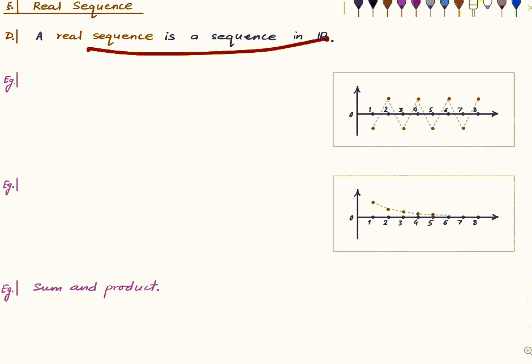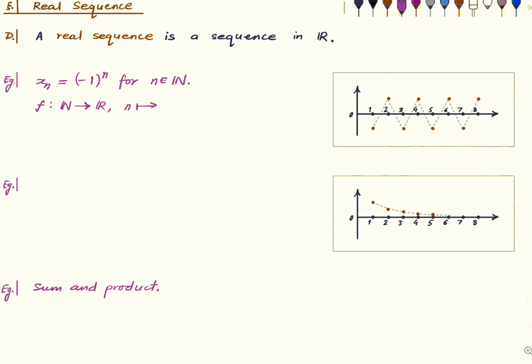So we have the definition of a real sequence, and now let us look at examples. The first example is define xn as -1 to the power n for all n. This is of course a sequence. In the formal way, you can say it's this function. But it helps to look at the graph of such things.